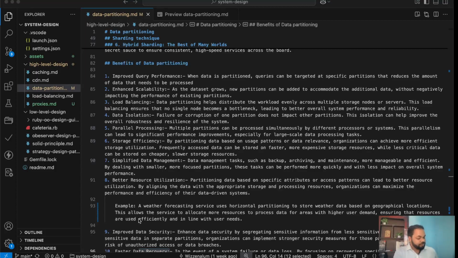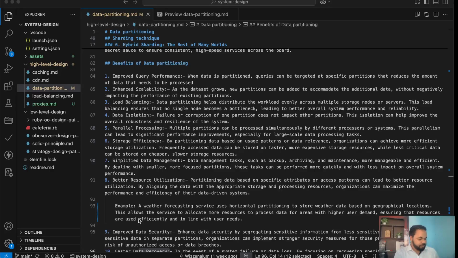The first one is parallel processing. Because you have multiple partitions, you can process the data of all of them in parallel, so you can get the response as quickly as possible. So it ultimately improves your latency.